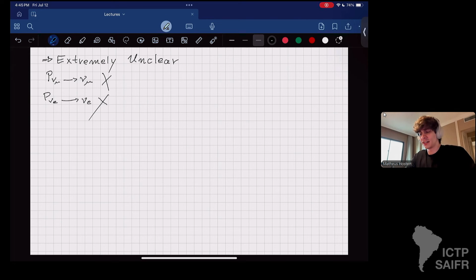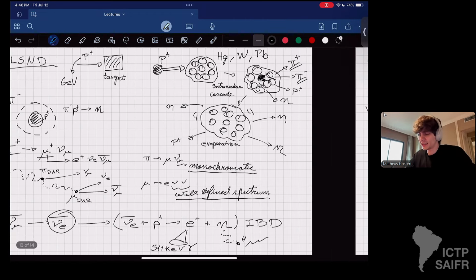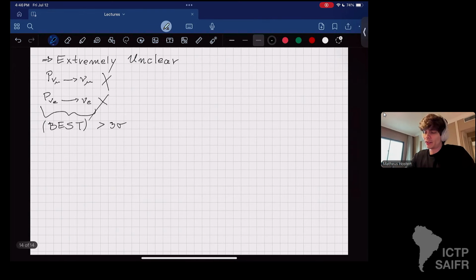I think the most interesting one at the moment is one that comes actually from a nu e disappearance measurement from an experiment called BEST. And this is again greater than 3 sigma significance, but it's a measurement that is less striking from a sterile neutrino point of view, because for LSND, you see an oscillation curve, so an energy spectrum, while for BEST, if you look at the details of the experiment, the way the experiment works is basically an energy independent effect.